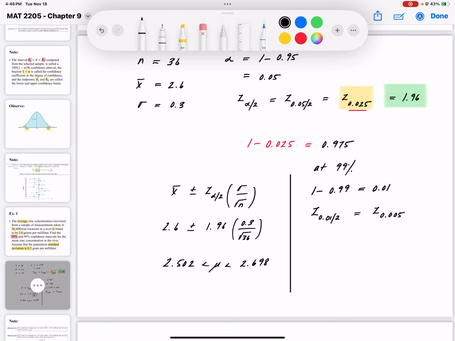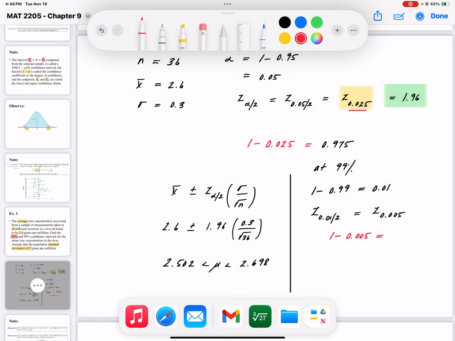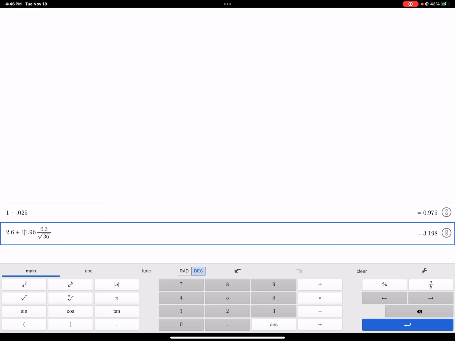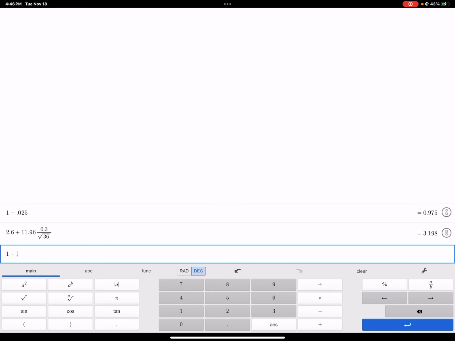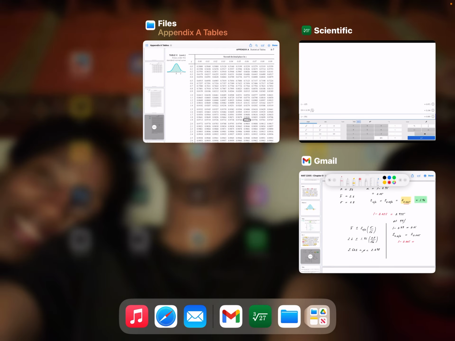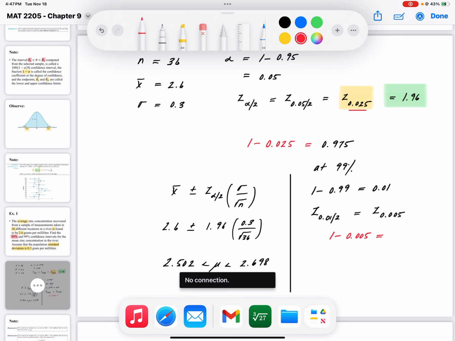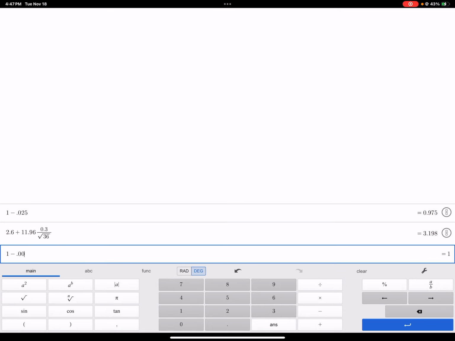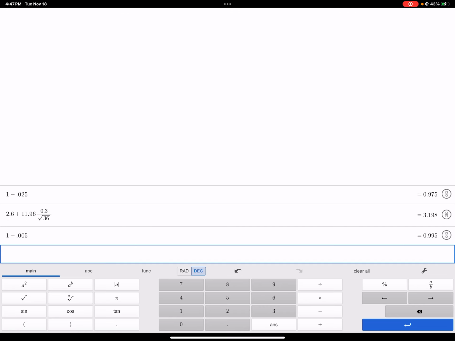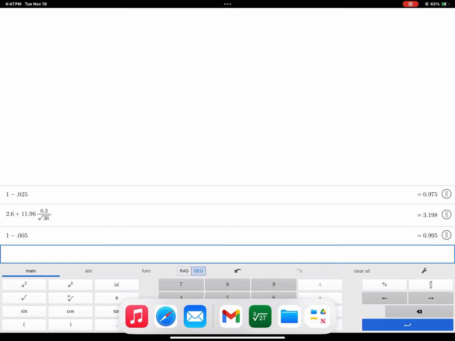Okay, so if you're not sure that's 2.576, I believe, then we can do it the long way, which is to subtract our alpha value from 1. That takes us to the chart. One minus 0.005, 0.995.